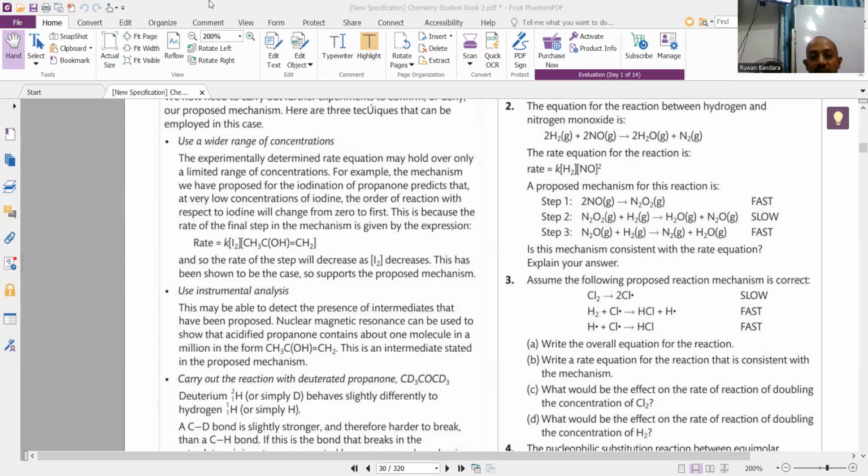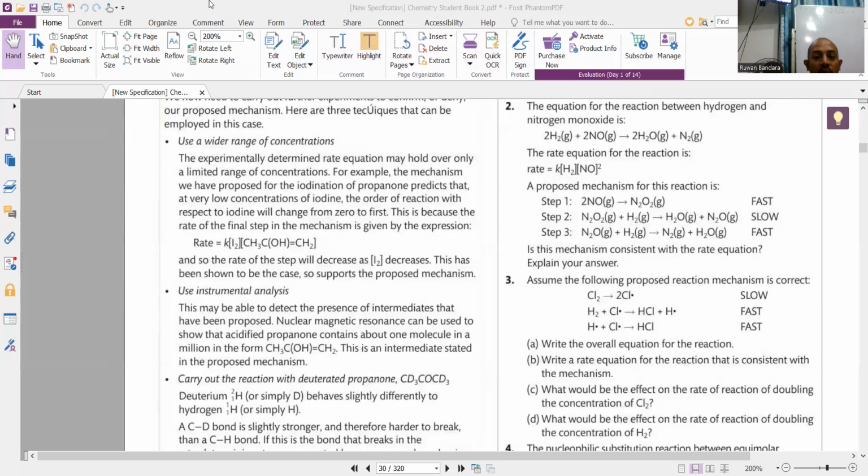Now the rate equation says 1 hydrogen and 2 NO should be there in the slower step. According to the mechanism, the second step is the slower step.